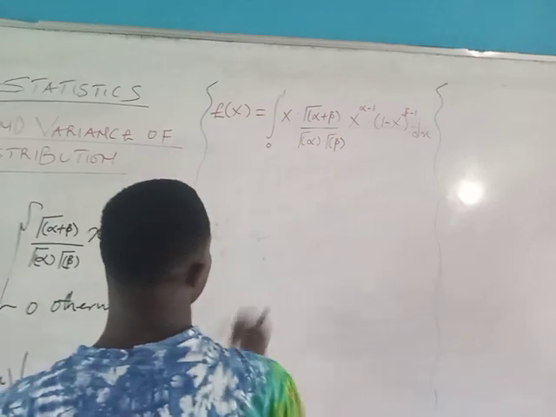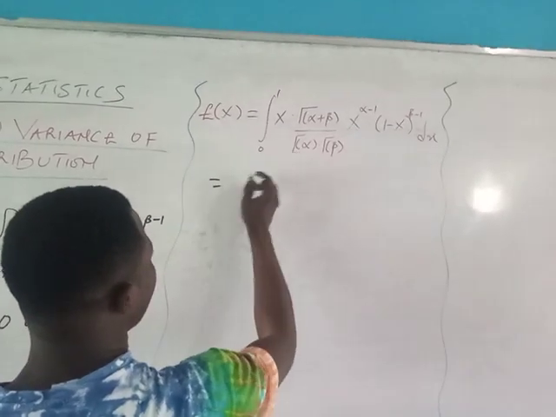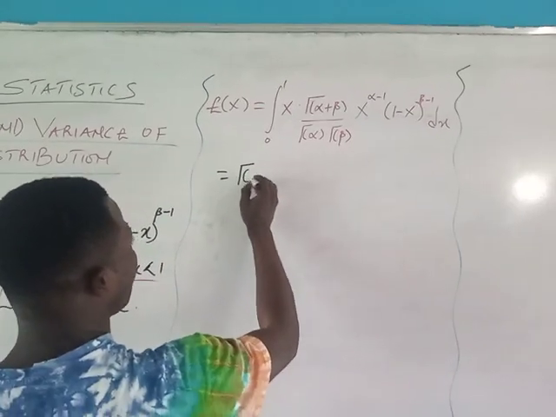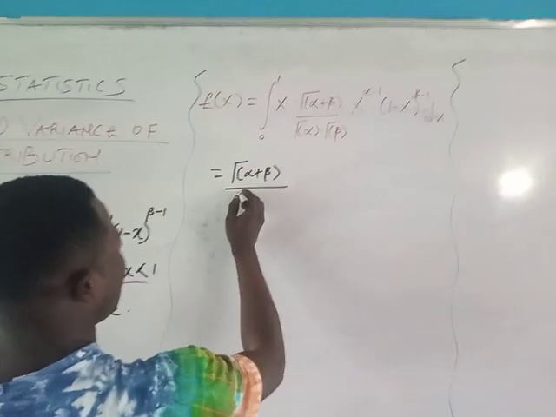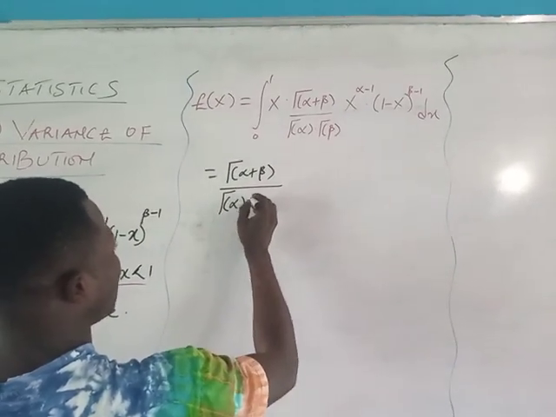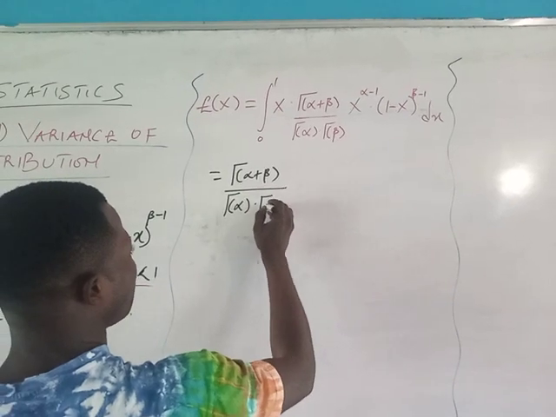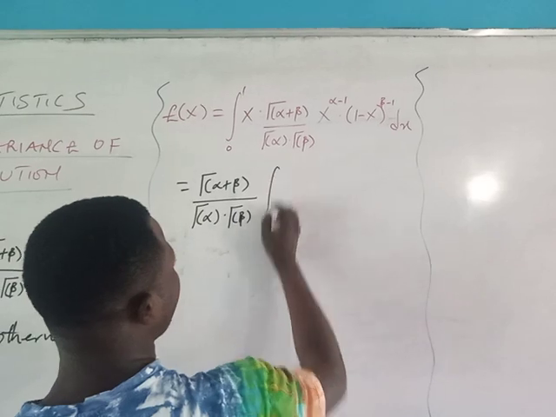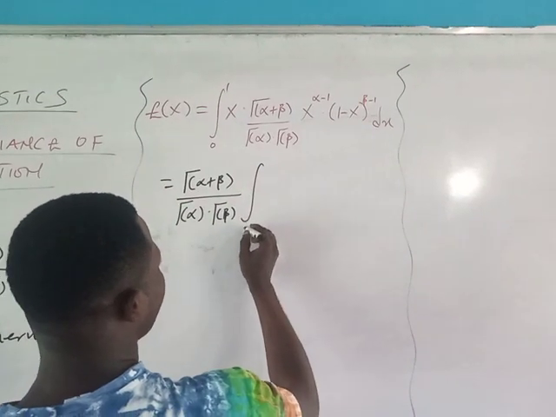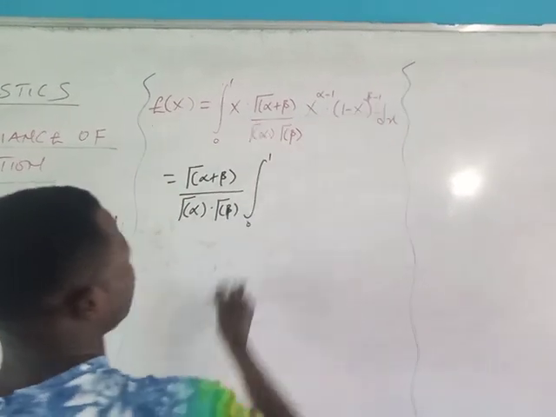So here we are going to have gamma alpha plus beta all over gamma alpha times gamma beta, integral 0 to 1, that's the range.